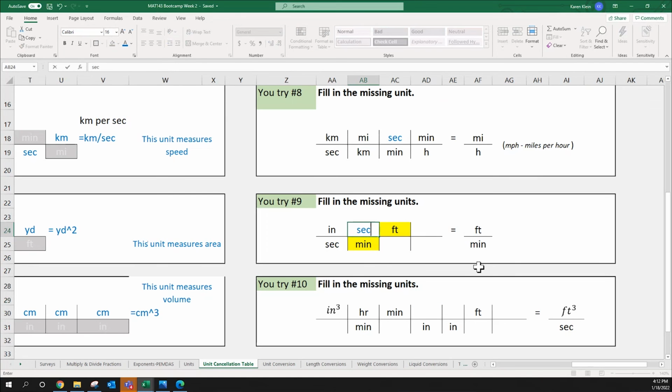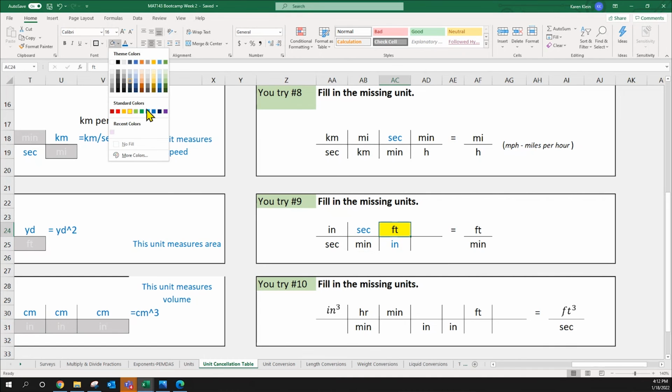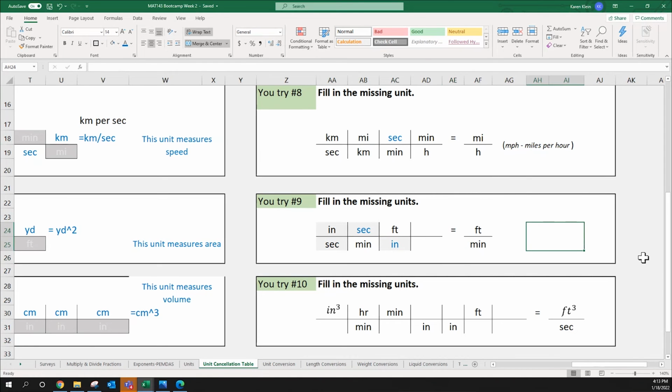I could put seconds here. I could put inches here, and there's nothing here, but just maybe 1 and 1, or we can just leave those blank. We don't even need them. So if I unhighlight those, we now have seconds is gone. Inches is gone. Leaves me with feet over minute.